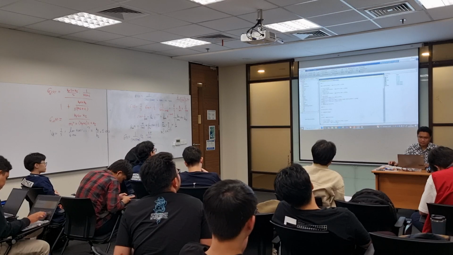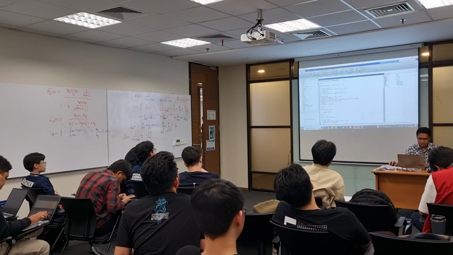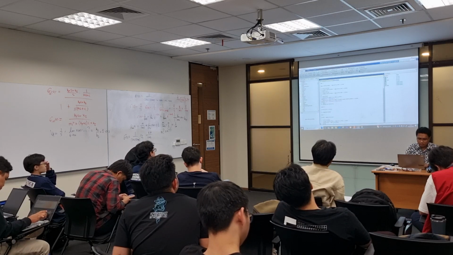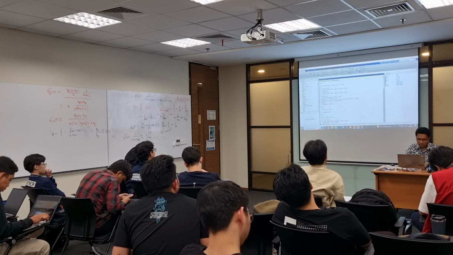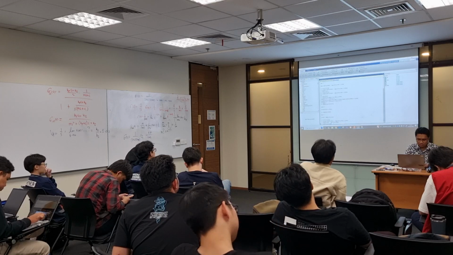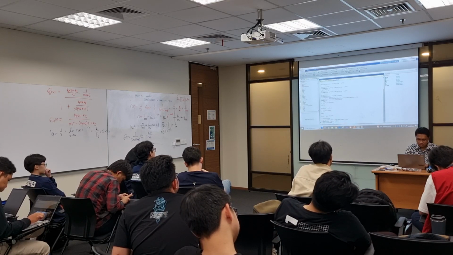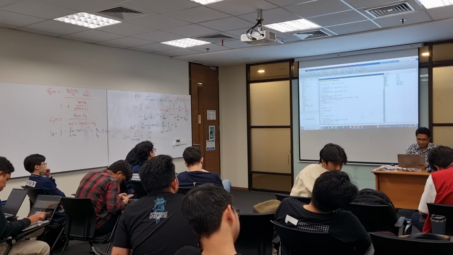Then we will plot t comma y and t comma new. The legend: this is the original, and this is the approximated.